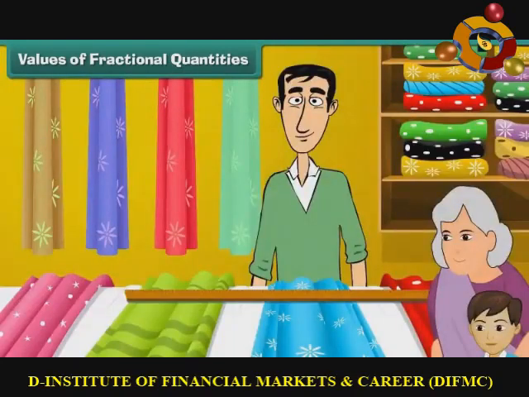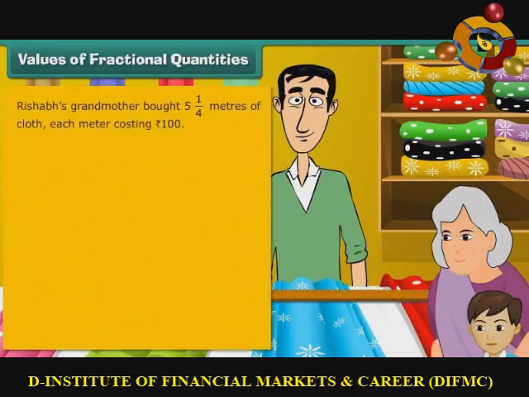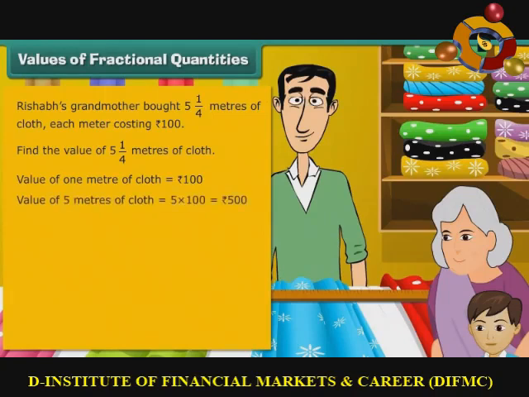Now look at another example. Rishabh's grandmother bought 5 1/4 meters of cloth, each meter costing rupees 100. Find the value of 5 and 1/4 meters of cloth. Value of 1 meter of cloth is equal to rupees 100. Value of 5 meters of cloth is equal to 5 multiplied by 100, which is equal to rupees 500.